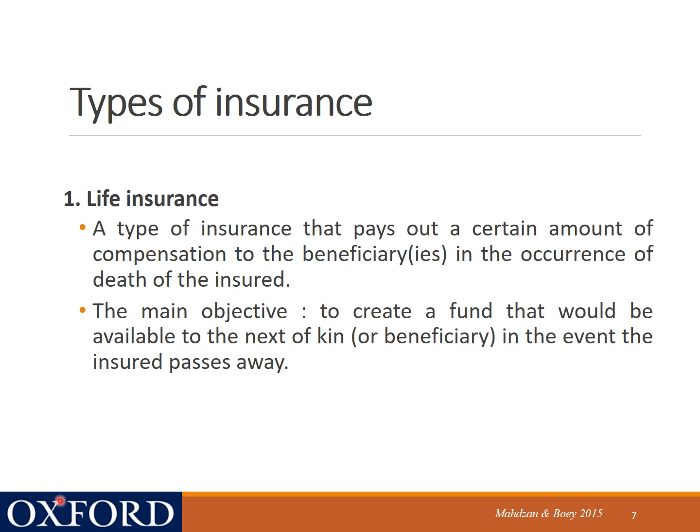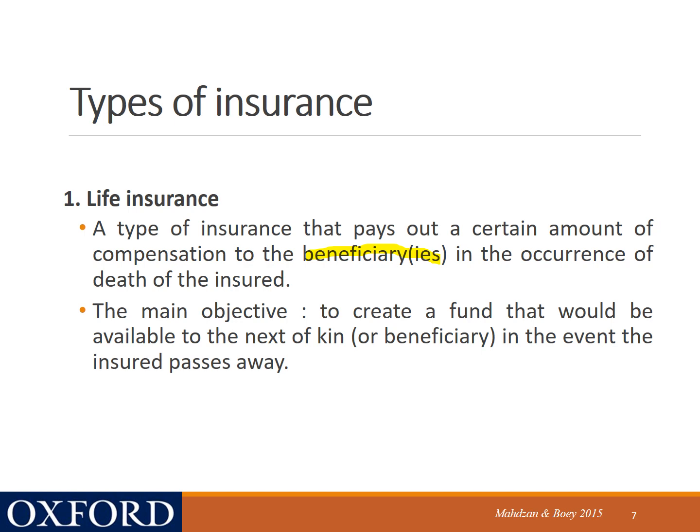I'd like to highlight that word, beneficiaries. The main objective of life insurance is to create a fund that would be available to the next of kin, or the beneficiary, in the event the insured passes away.